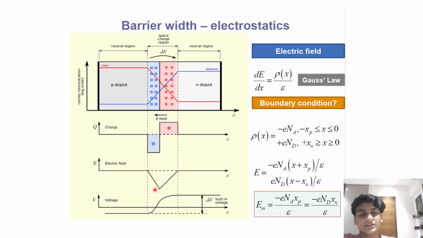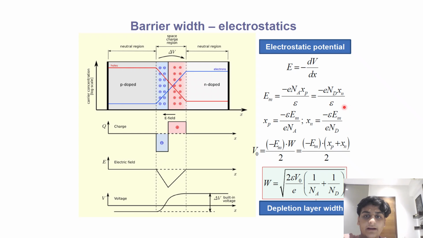So we essentially just want the area of this triangle, which is half base times the height. Now the base is of course our width, which is xp plus xn, and the height is nothing but this maximum value. So that's why we are interested in the maximum value. So now we're actually going to do that and get our built-in voltage due to this electric field.